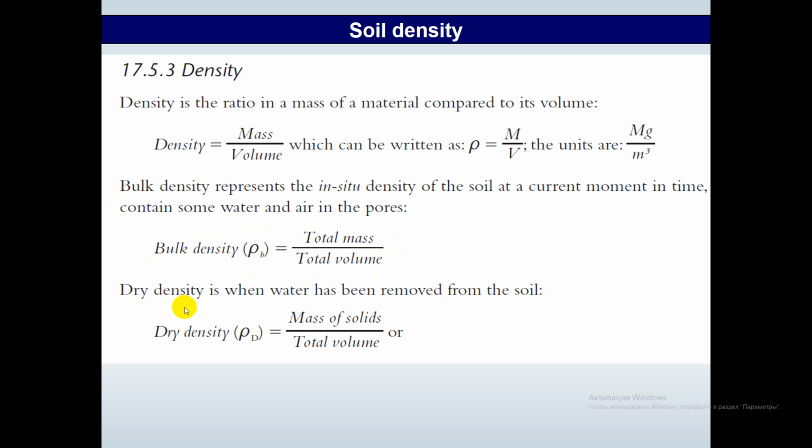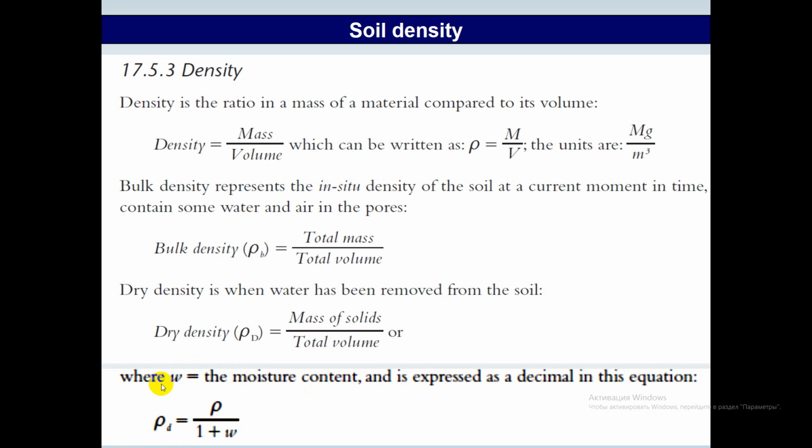Dry density is when water has been removed from the soil. Dry density equals mass of solids divided by total volume, or as written with moisture content, where this is the moisture content and is expressed as a decimal in this equation.